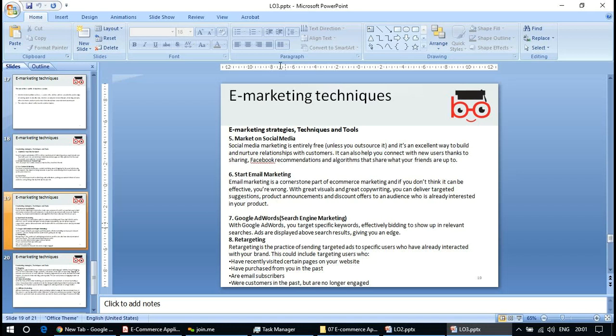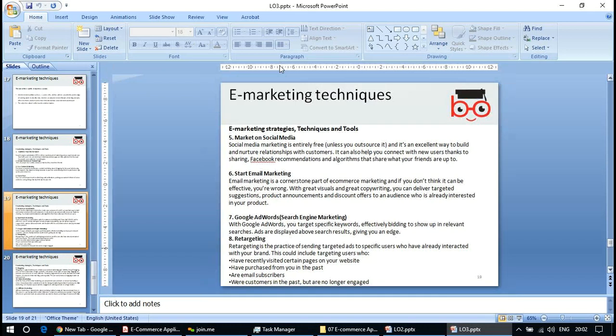That's the strategy. Try Google AdWords, where you pay Google and they display your product to the intended audience. Retargeting is basically trying to reach your existing customers. Like we discussed, if somebody bought one item, then you give them another advertisement that we also sell this.